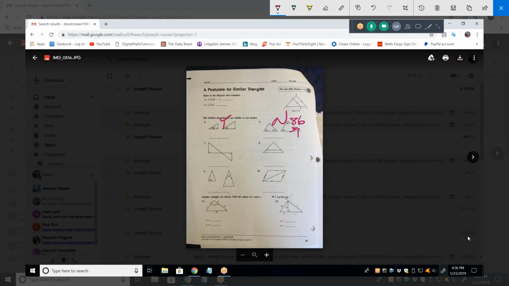As long as you have one angle that's different, well, I shouldn't say that, because sometimes these are not oriented the same way.